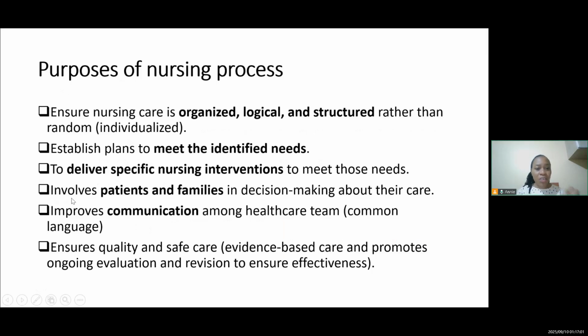Then during this process, the patient and families are involved in decision making about their care. It also improves communication among healthcare providers by providing a common language such as assessment and nursing diagnosis. It also ensures that quality and safe care is delivered to clients or patients because the care provided is evidence-based, and it promotes an ongoing process and revision to ensure its effectiveness.